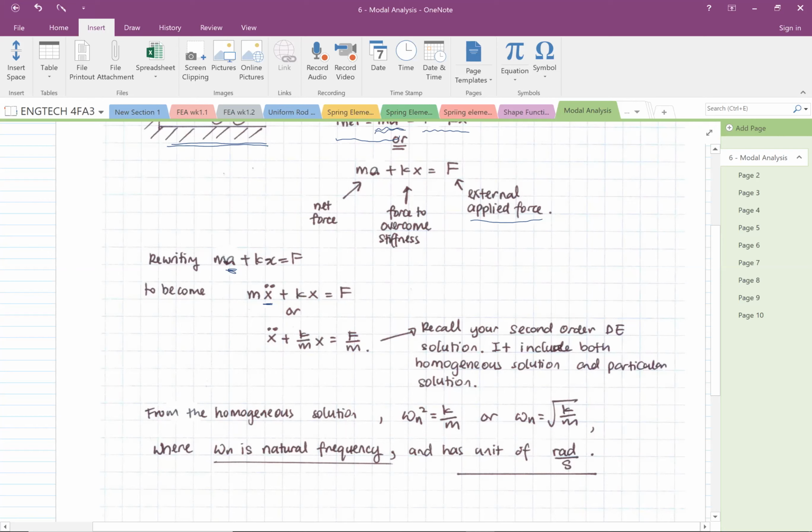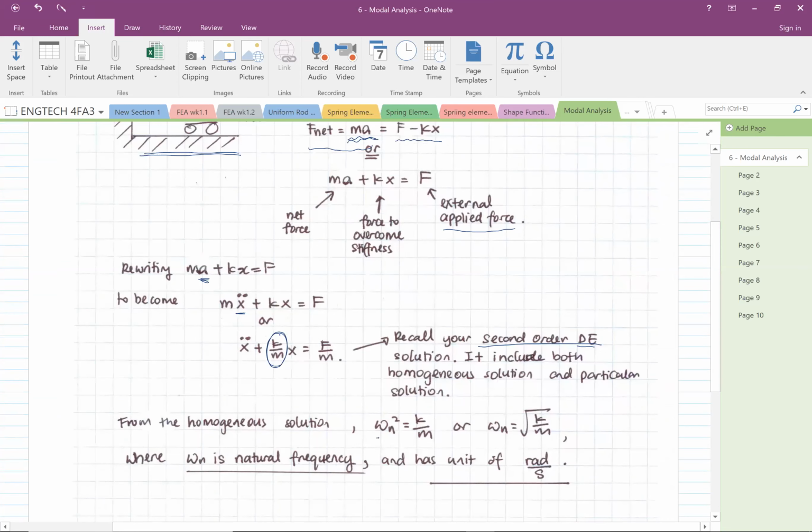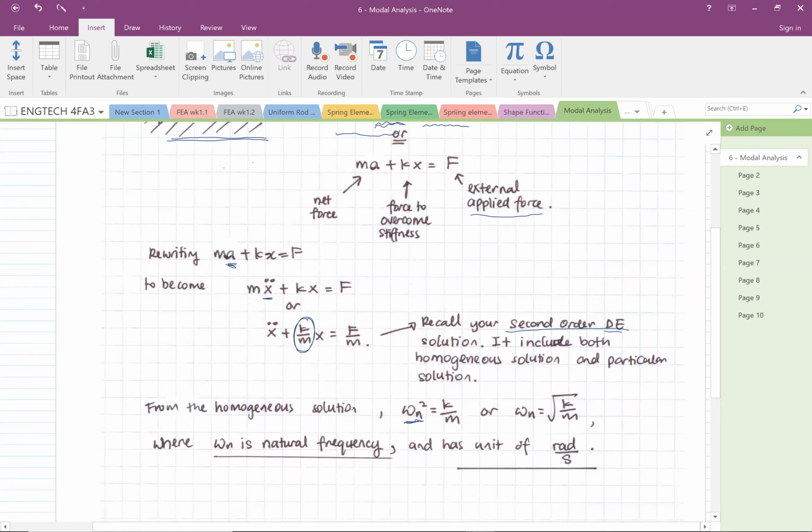From the second order dynamic solutions, this term right here is the natural frequency squared. This expression is given, so we just have to remember that and use it.